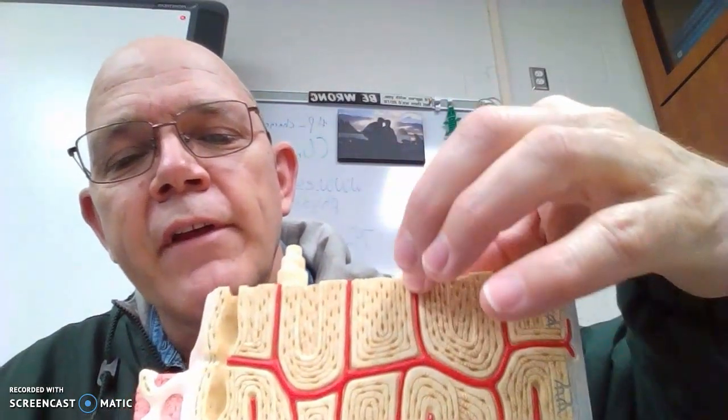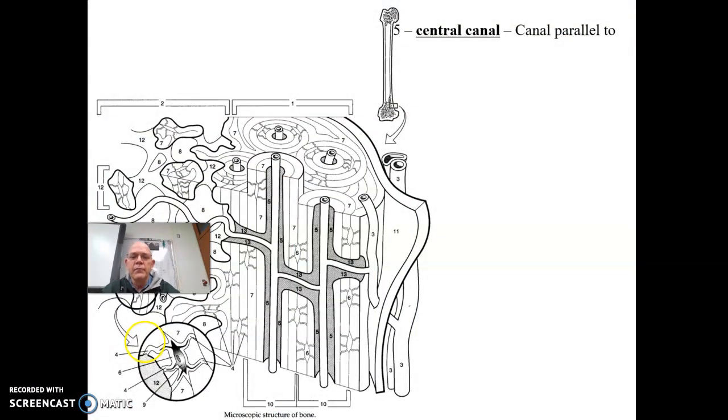Every one of these cylinders has a blood vessel coming up it. And so these blood vessels go up the middle of the osteon, bringing the nutrients to the cells there. Those are called central canals because they are parallel to the osteon, or they go up and down just like the osteon does. So they're parallel to the long bone, and this is where the blood vessels and nerves can go through the bone.